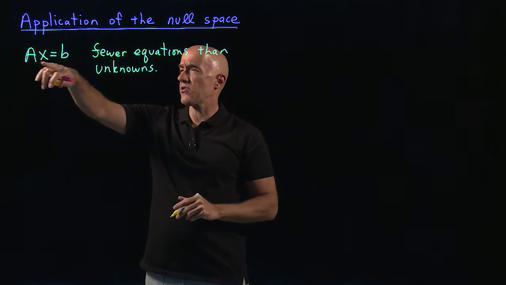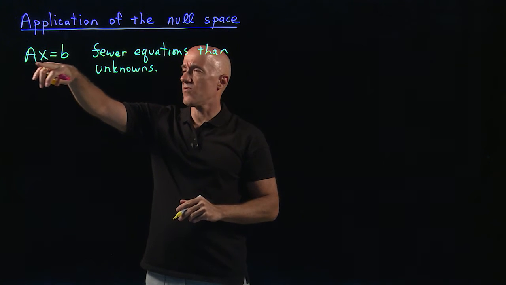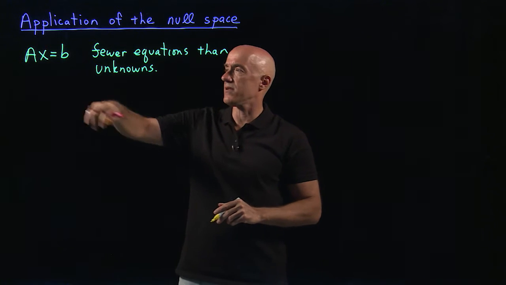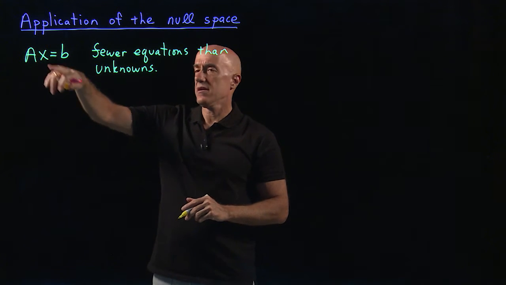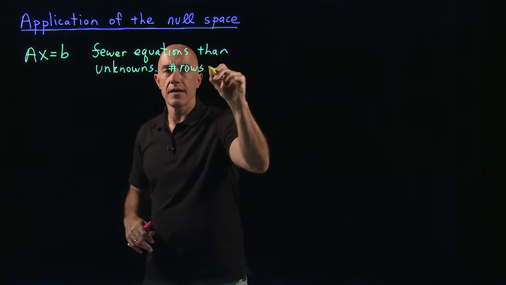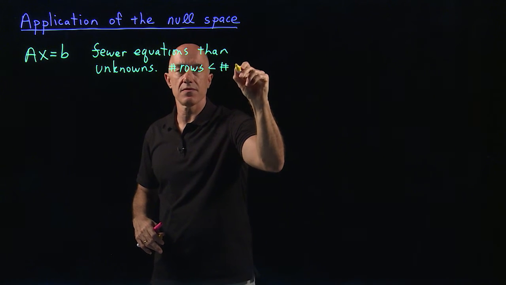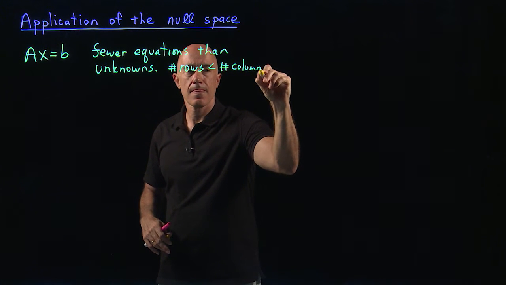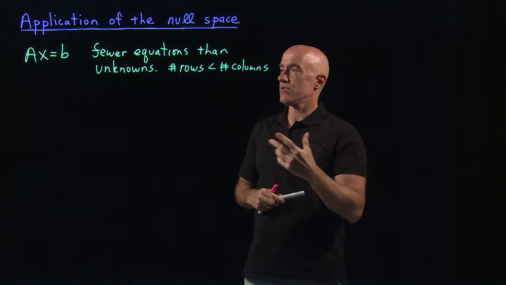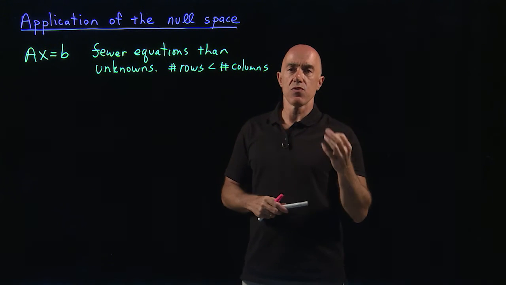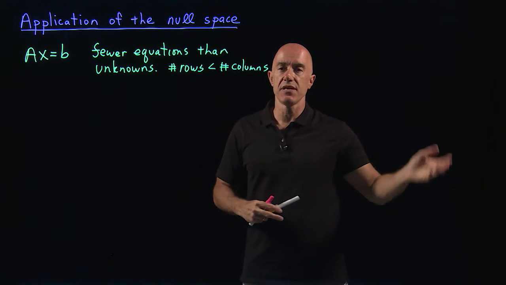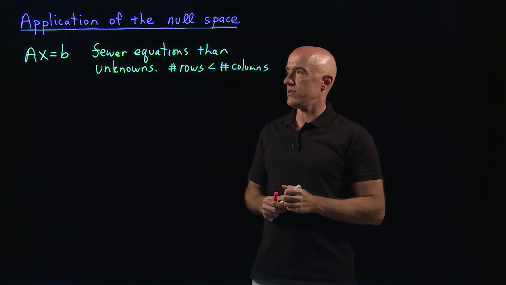The number of equations is the number of rows of A. The number of unknowns is the number of columns of A. So that means the number of rows is less than the number of columns. So we want to determine the general solution in this case. There will not be a unique solution, but there'll be a continuous range of solutions.